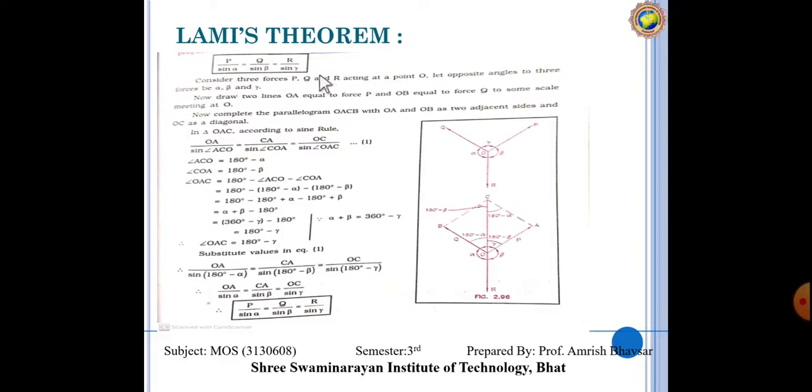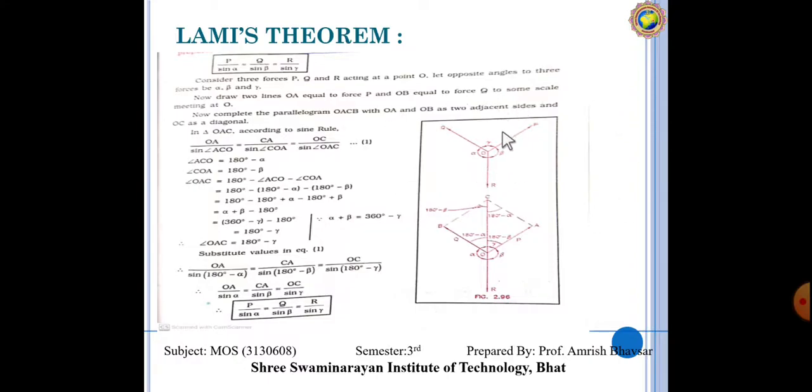This is the most important thing. Lami's theorem totally depends on the sine rule, and that you have understood in previous 11th-12th science. This is our P force, this is Q force, and this is R. The angle between P and Q is gamma, P and R is beta, and Q and R is alpha.